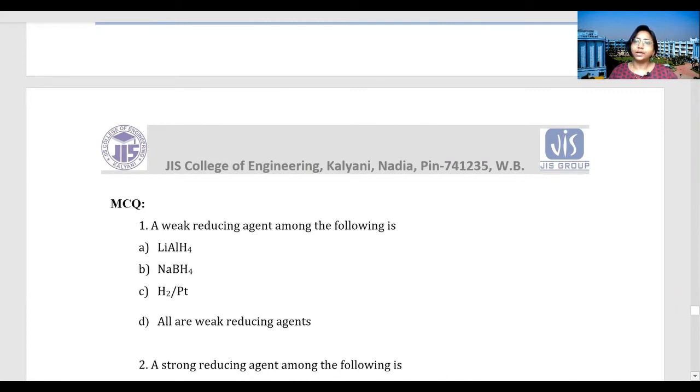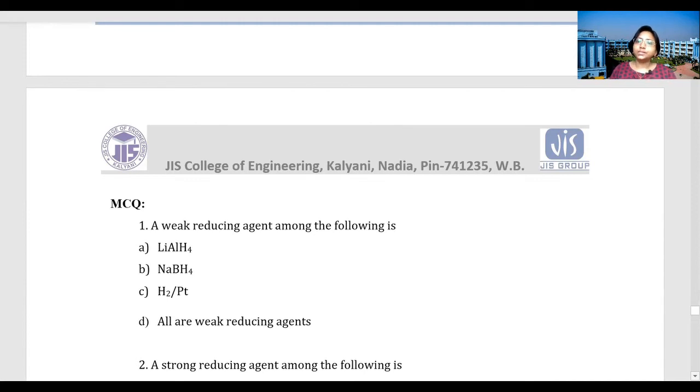You have learned how oxidation takes place, like from the alkane to aldehyde to ketone to ester. So these things you have learned: from alcohol to aldehyde to carboxylic acid. You have learned this part on oxidation, and specifically the Baeyer-Villiger oxidation.